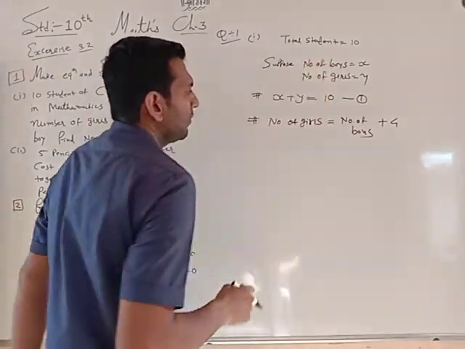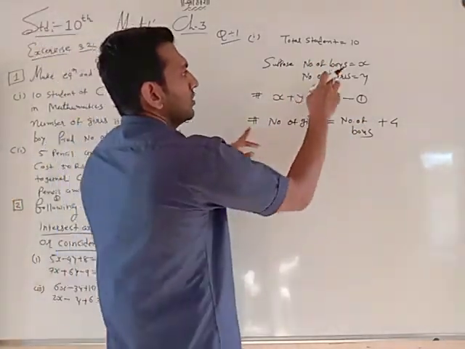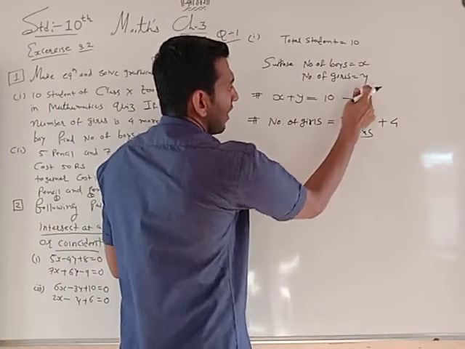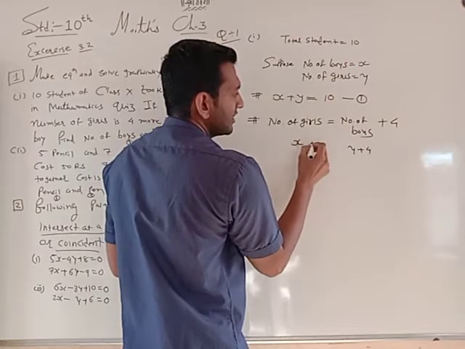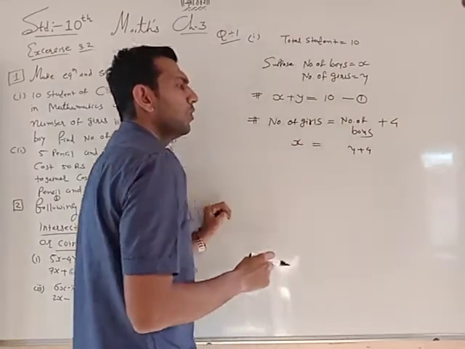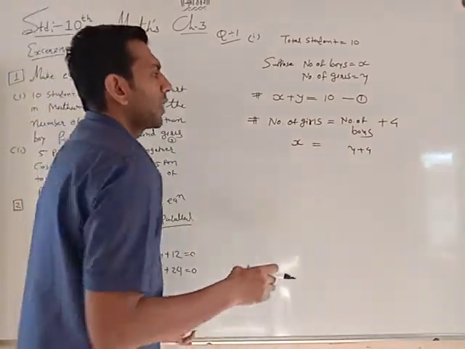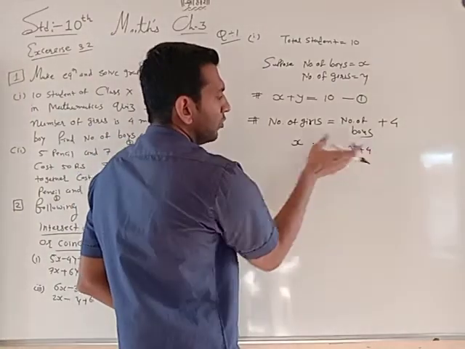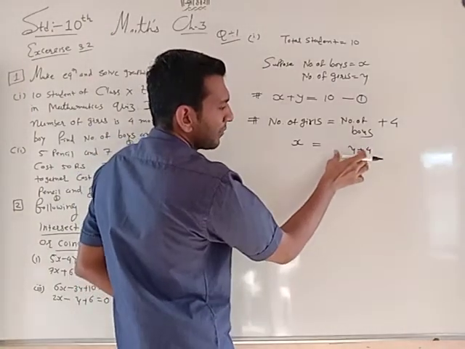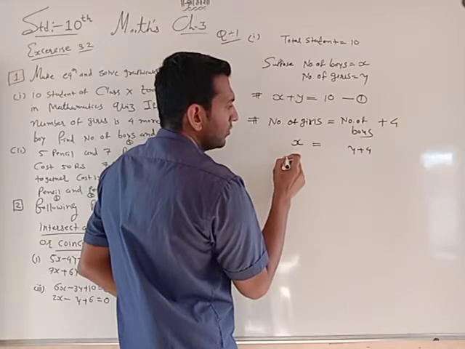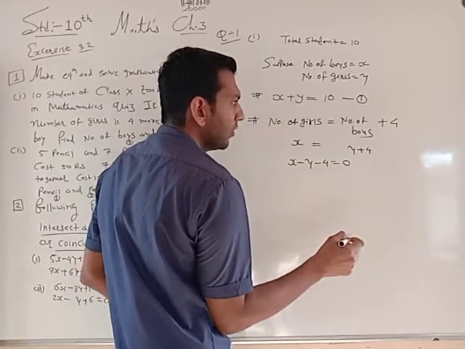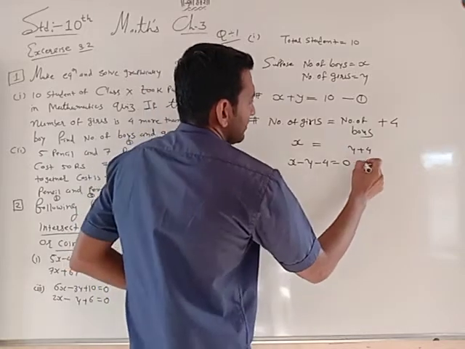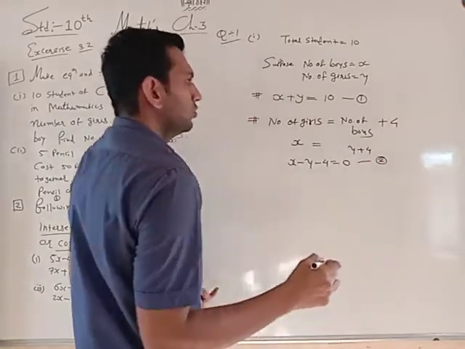So suppose number of boys is y and number of girls is x. So my equation is x is equal to y plus 4. Moving these two terms to the left side, both the terms are positive, so they change into negative. So x minus y minus 4 is equal to 0. This is my equation number 2.